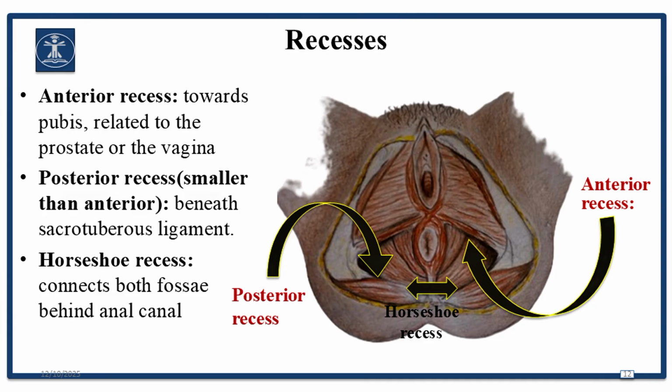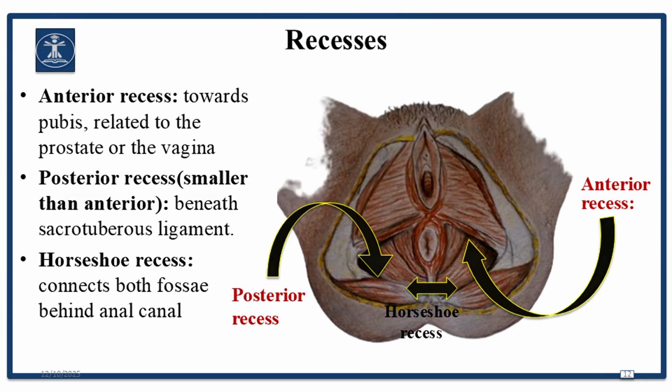Now, the third recess is the horseshoe recess. And the horseshoe recess is just like a passageway that is formed in between the right and left ischioanal fossae. So it is connecting both the right and the left fossa together.